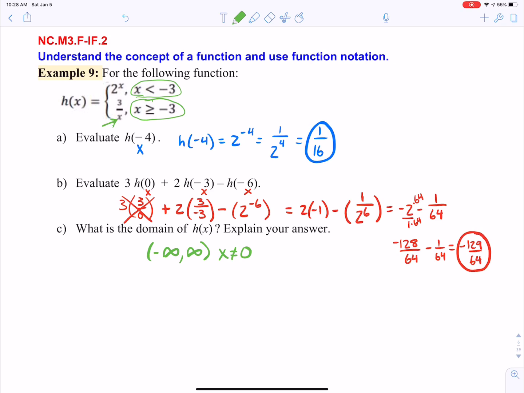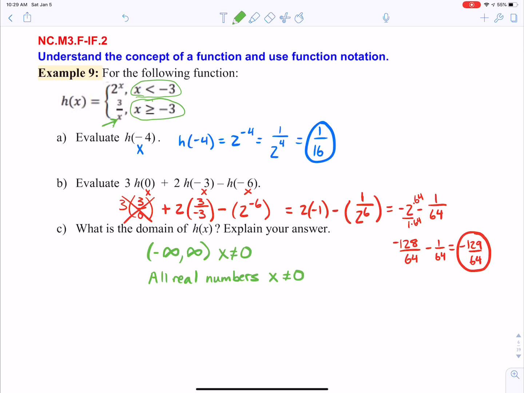We could say that x is all real numbers, and x is still not equal to 0. So those are two ways to write it, and those would probably be the most appropriate. Interval notation, I would say, would be the one you're looking for most frequently.